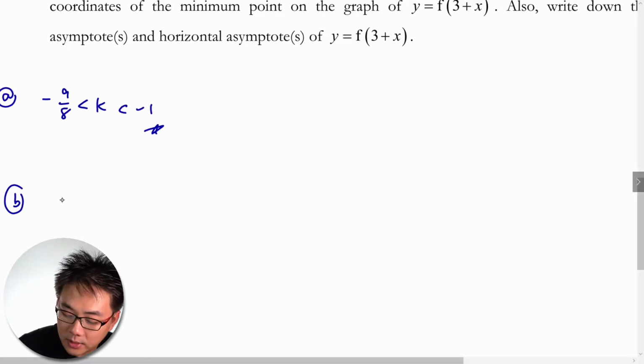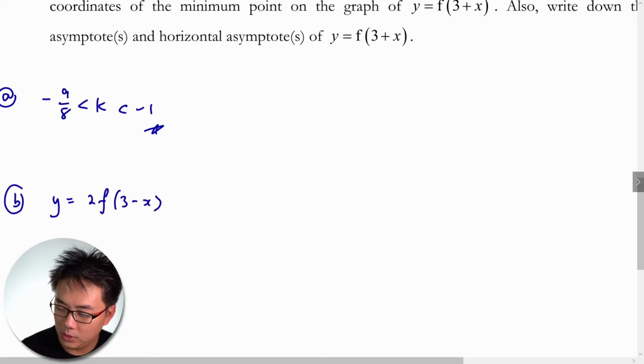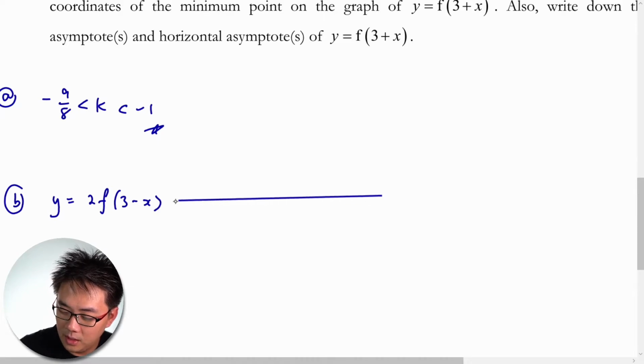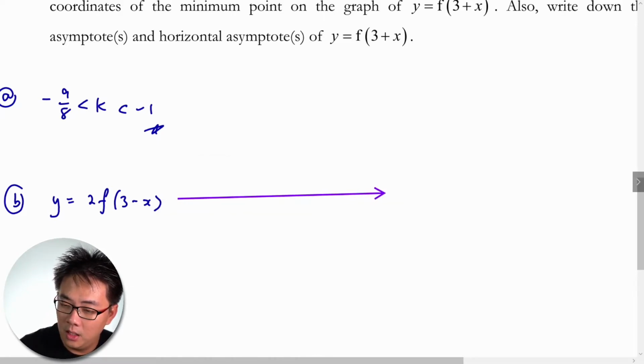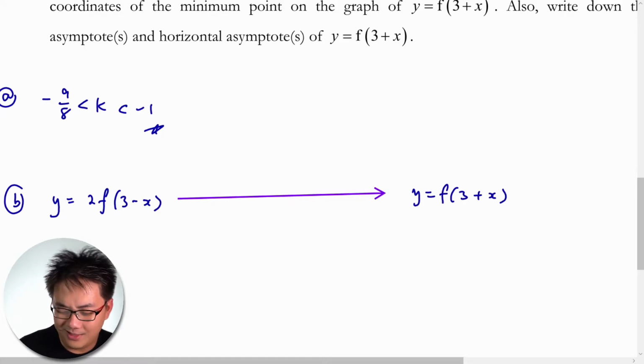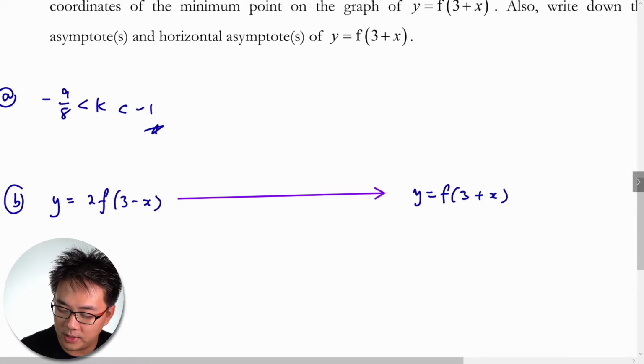So what we're going to do is just write down y equals 2f(3 minus x), and look at how this graph is being transformed to y equals f(3 plus x). I think there are only two transformations here.